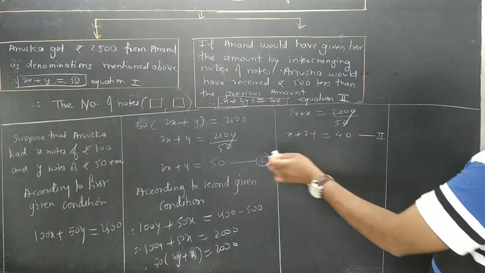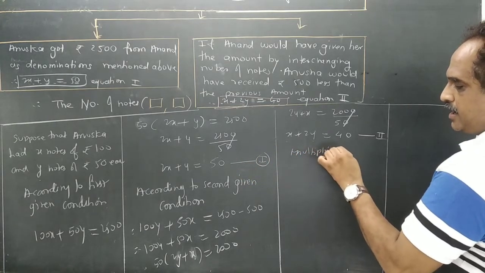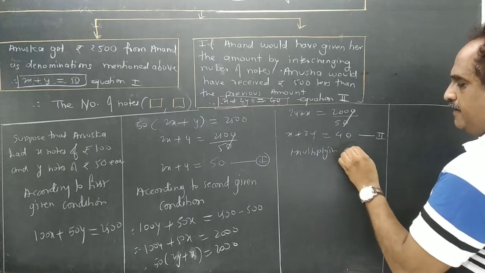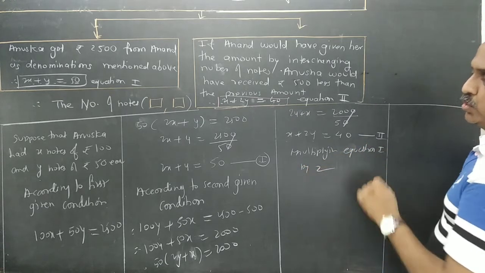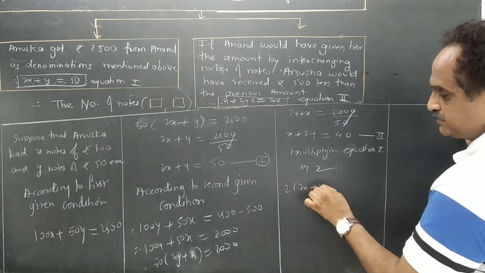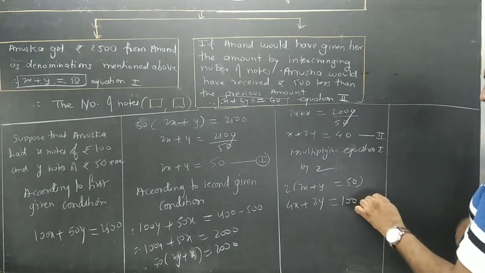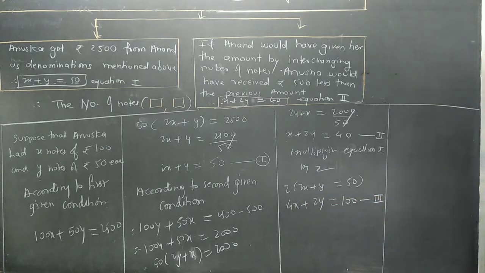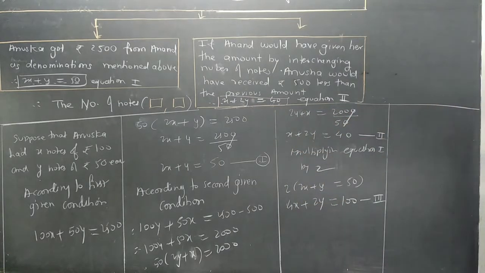I'll do one thing: multiply equation 1 by 2. So what do I get? 2 in bracket 2x plus y, that is 4x plus 2y is equal to 100, equation number 3. We could do adding or subtracting, but I find this easier.